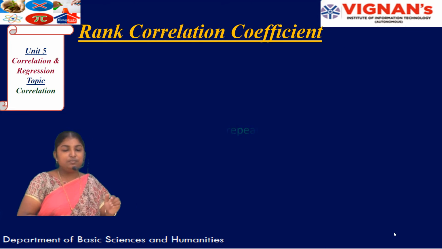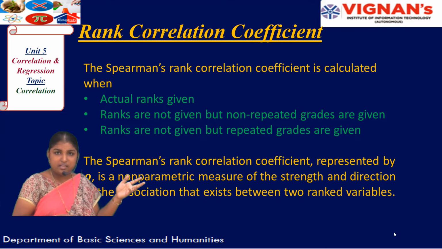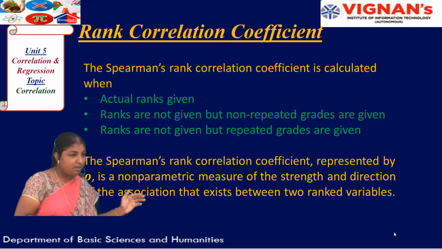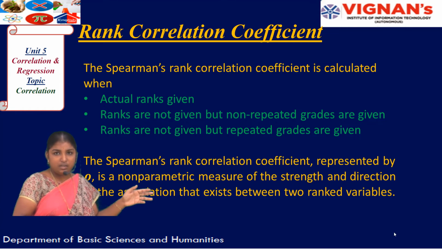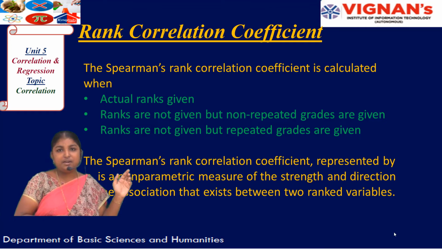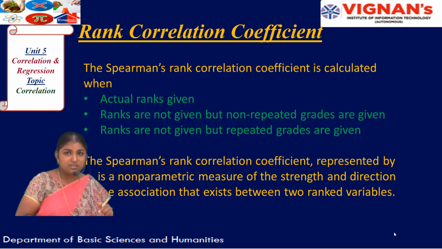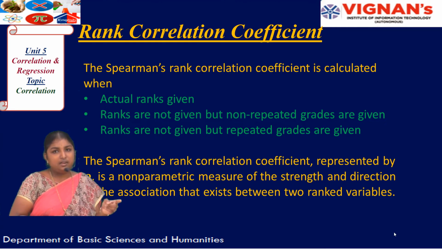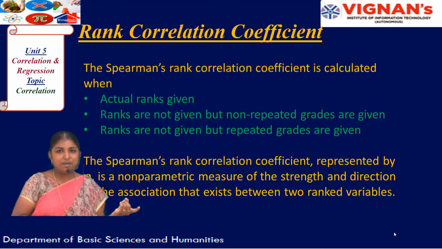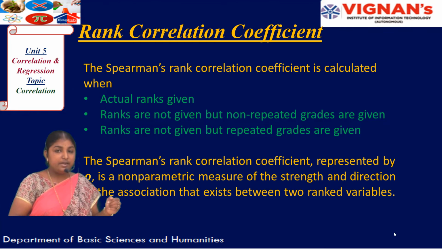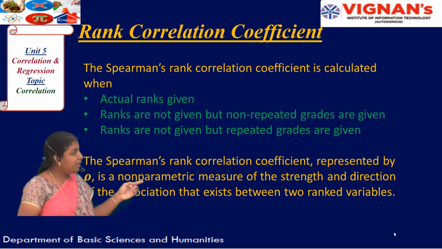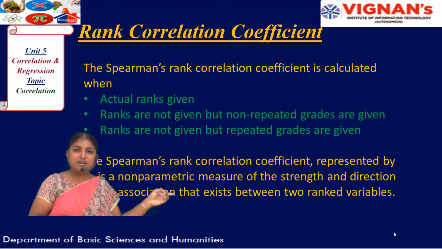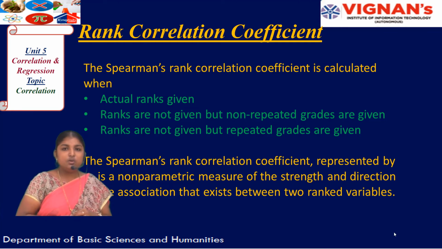Sometimes ranks are not given and non-repeated grades are given; in that case also we use Spearman's rank correlation coefficient. And sometimes ranks are not given and repeated grades are given; in that case also we use it to find the correlation value.